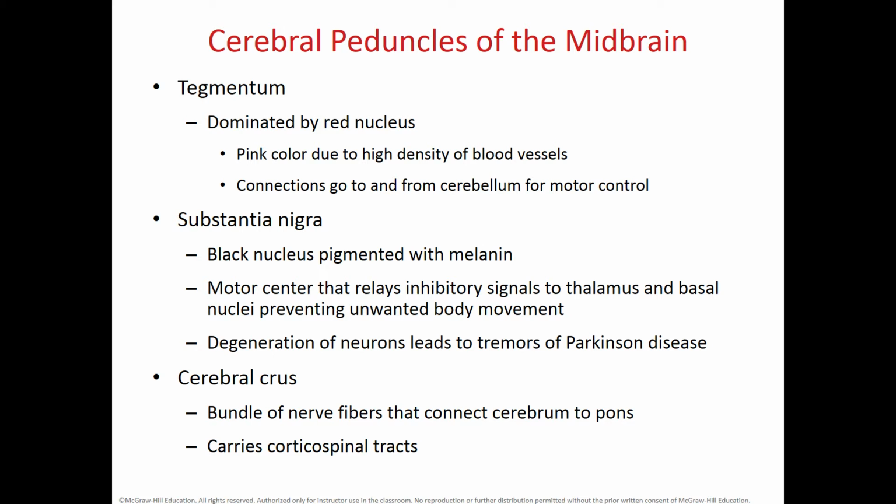This dopamine helps to inhibit unwanted body movement, and when someone doesn't produce dopamine, they are going to develop what we call Parkinson's disease, and the person has uncontrolled body movements or tremors. Cerebral crus is a crossing of bundles of nerve fibers that connects the cerebrum to the pons, and it carries corticospinal tracts.